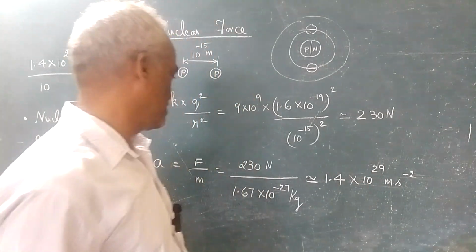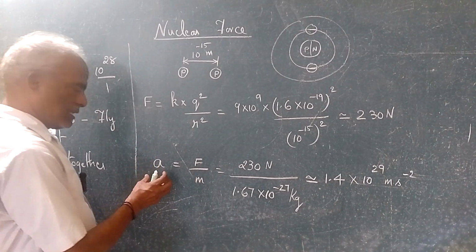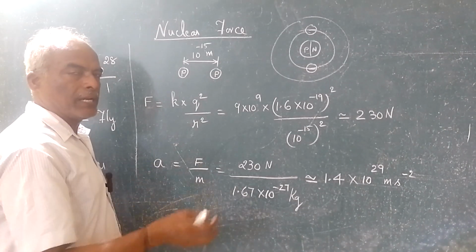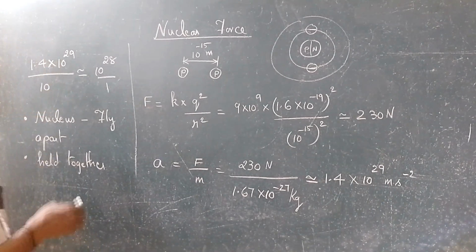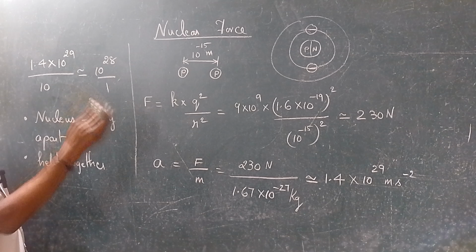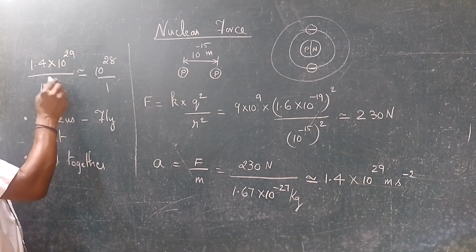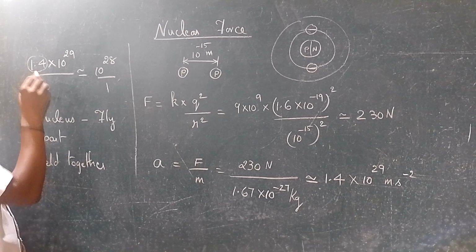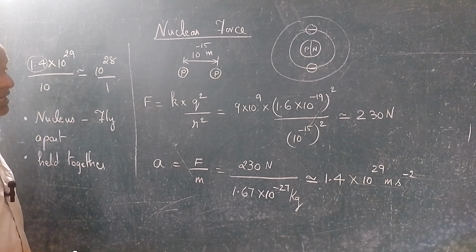That is the acceleration. Now, this acceleration is compared with the acceleration due to gravity, that is approximately 9.8 meters per second square. I am approximating 9.8 to 10, so if you simplify, you consider this as 1. Approximately it is 10 power 28.